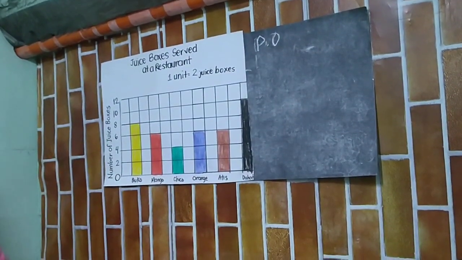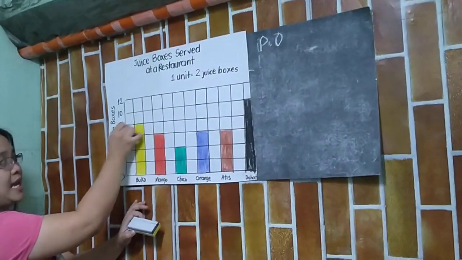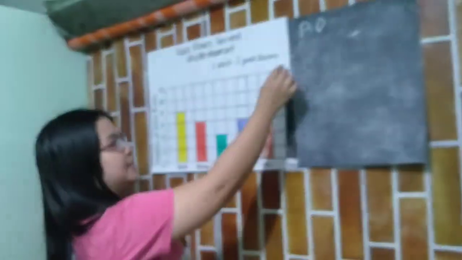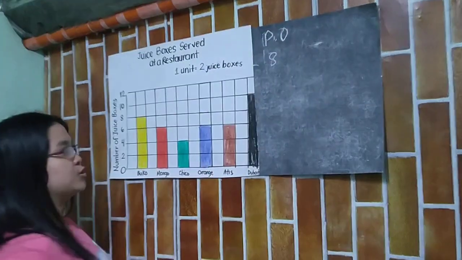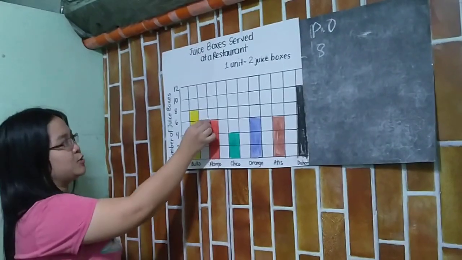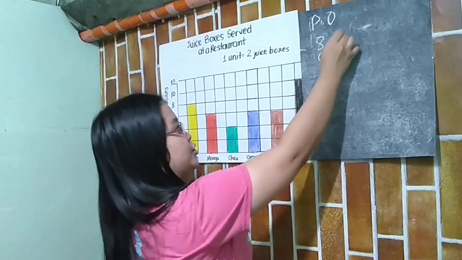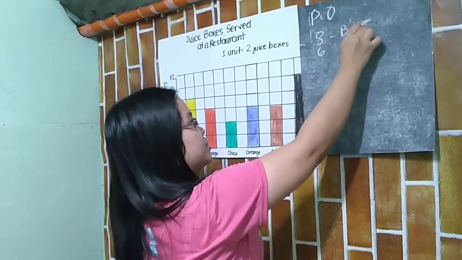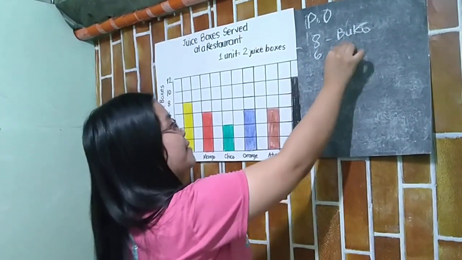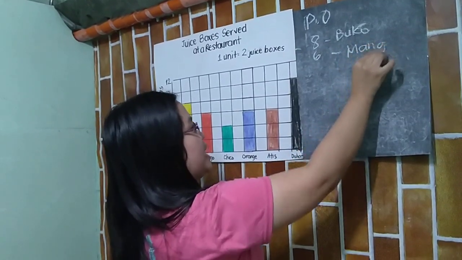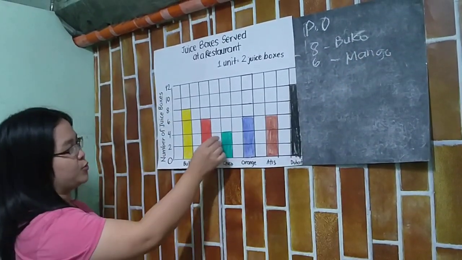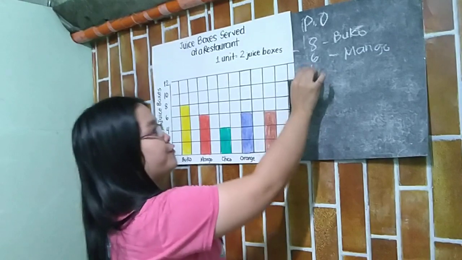Let's start off with buko juice. It's 8. Okay? So, we have buko juice 8. The next one, mango juice, is 6. So, this one is buko juice. This 6 is the mango juice. How about the third one? We have the chico, which is 4.